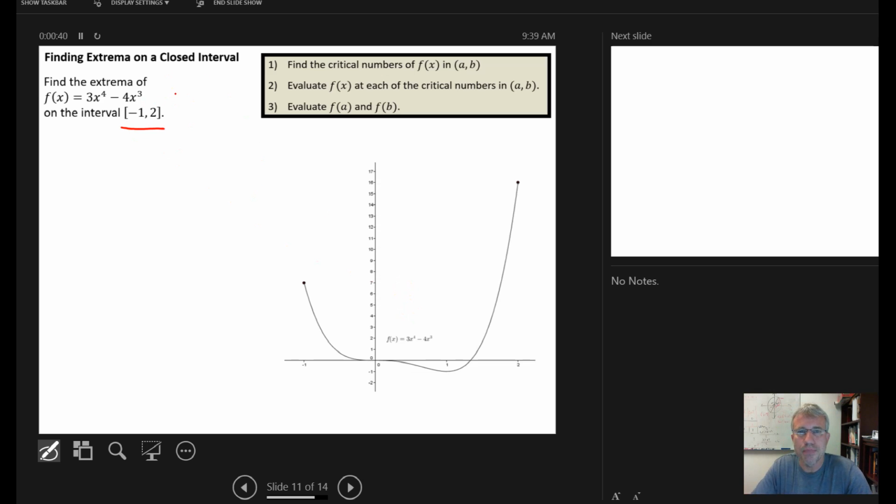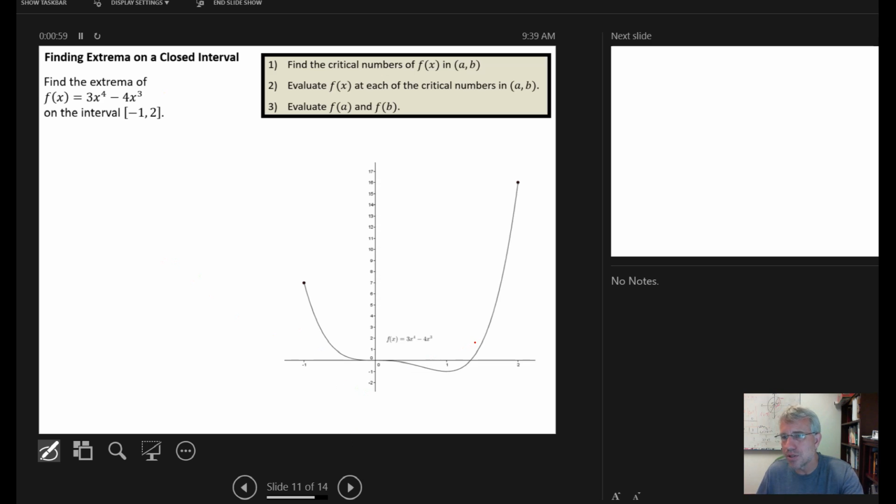In this case, I've defined the quartic polynomial 3x to the fourth minus 4x cubed over the closed interval from -1 to 2. And we want to find the extreme values, the largest output and the smallest output of the function over that closed interval.